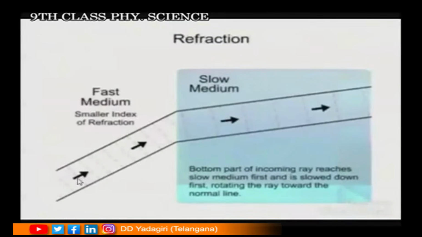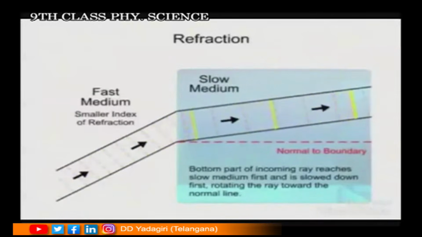Let us once again analyze this. See, when light enters from a faster medium to a slower medium, light goes as it is till the interface. Now, when the light travels, first the bottom part of the incoming ray reaches the slow medium and is slowed down first at the interface, and this is the reason for rotating the ray towards the normal line.